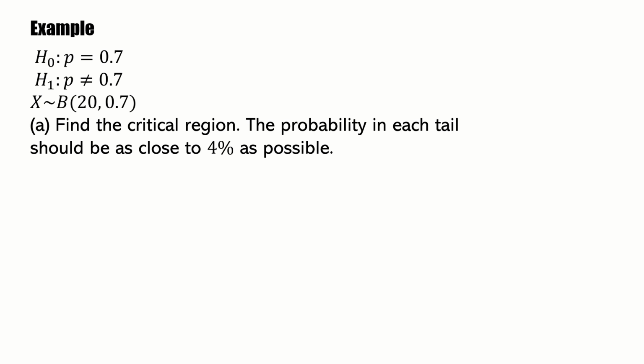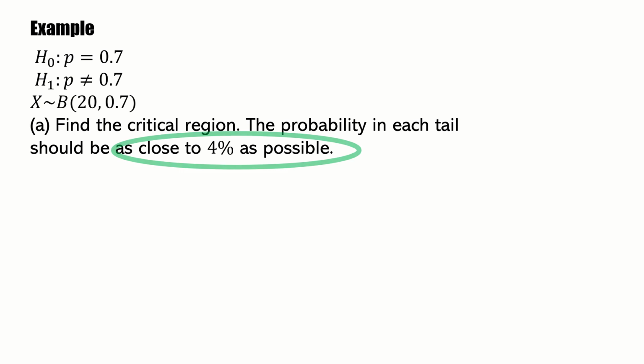But if you read the wording very carefully, they are already implying that they've done that for you, because they're saying the probability in each tail should be as close to 4% as possible. So we don't need to do 4% divided by 2 this time. They're talking about each individual tail.